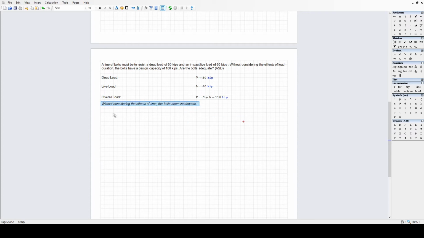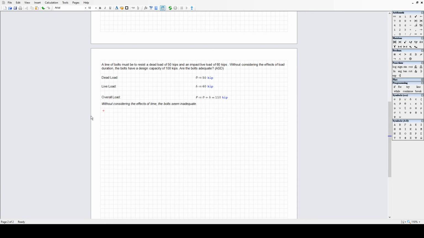But as we learned in the theoretical video preceding this, because of many reasons, wood exhibits lower strength for longer duration loadings.